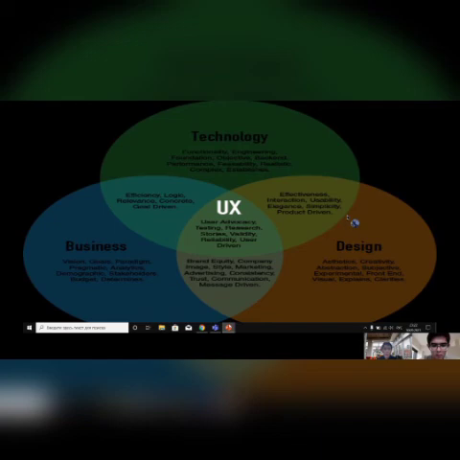Generally, a UX designer needs strong creative, technical, and problem-solving skills.